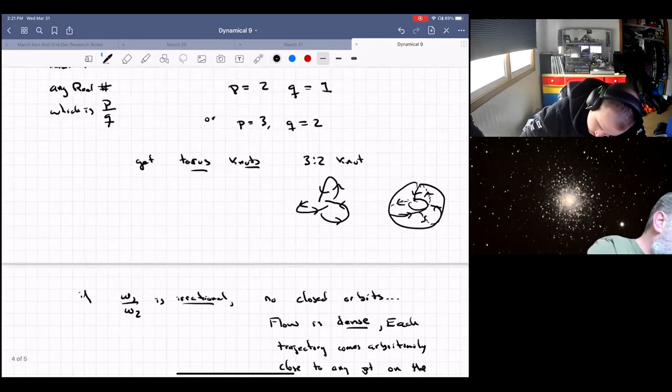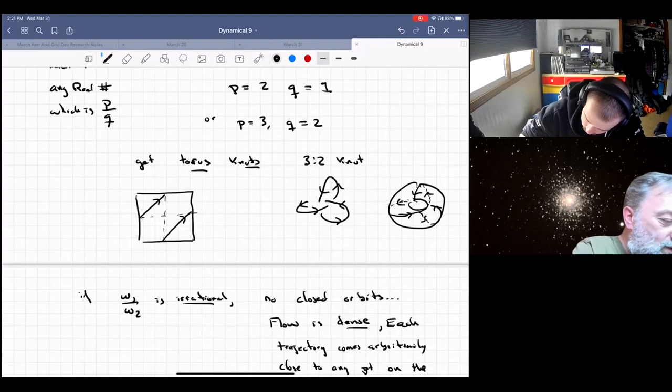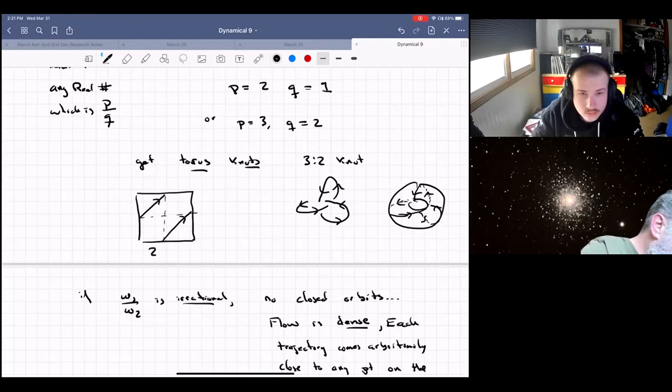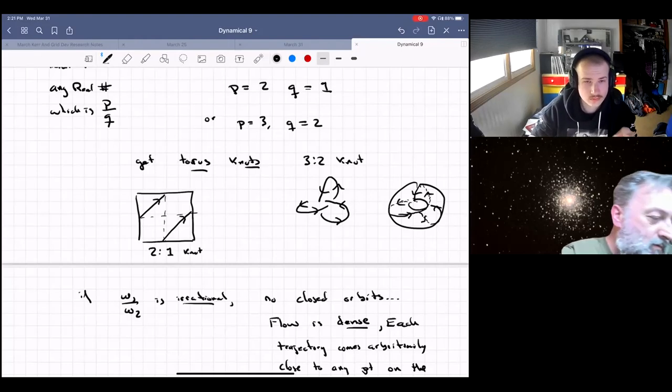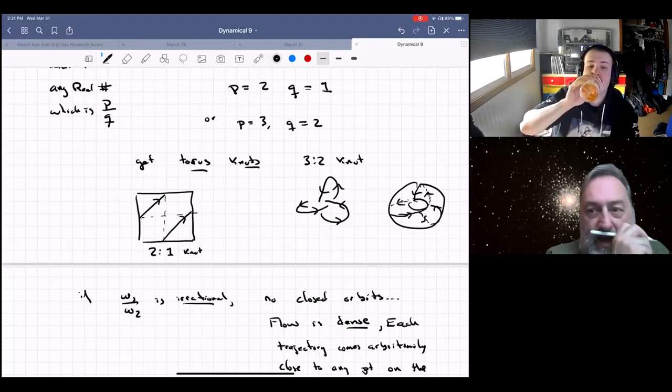So if we go back and you think about the asteroids game, a 2-to-1 winding is going to look like that.